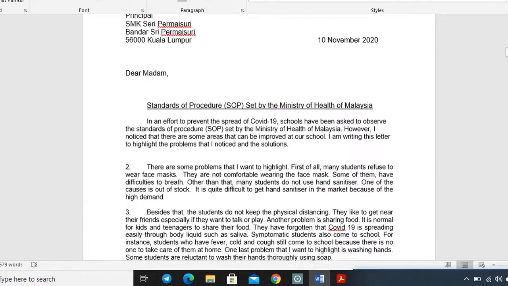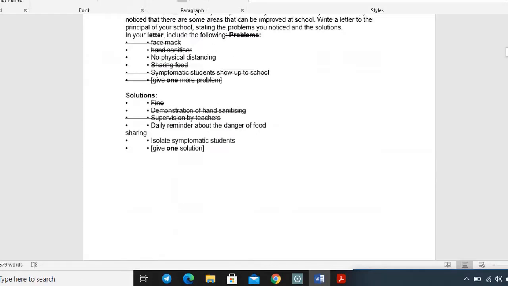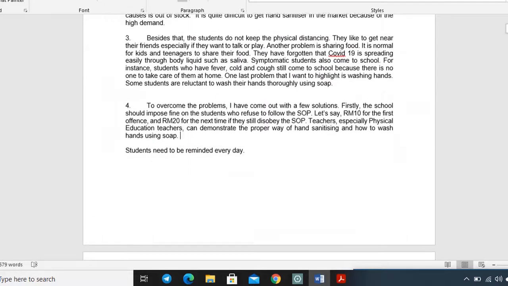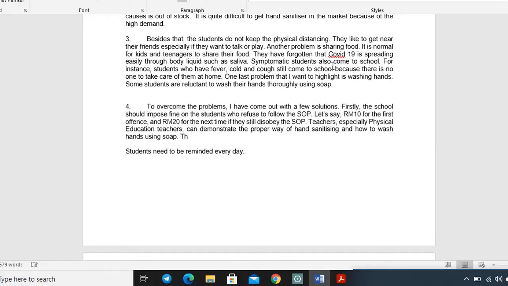Another point is on supervision by teachers. So who need to be supervised? Of course, the students. The students need to be supervised, especially during recess.